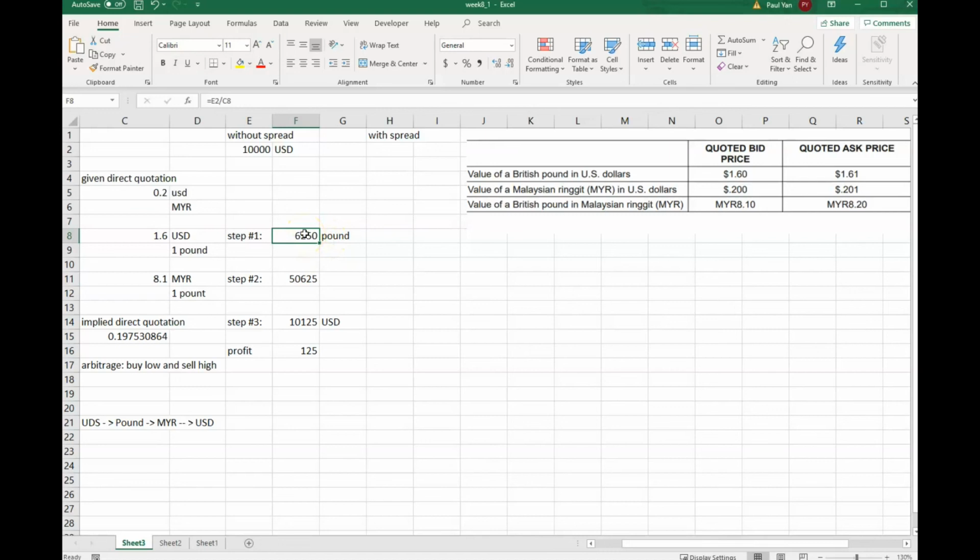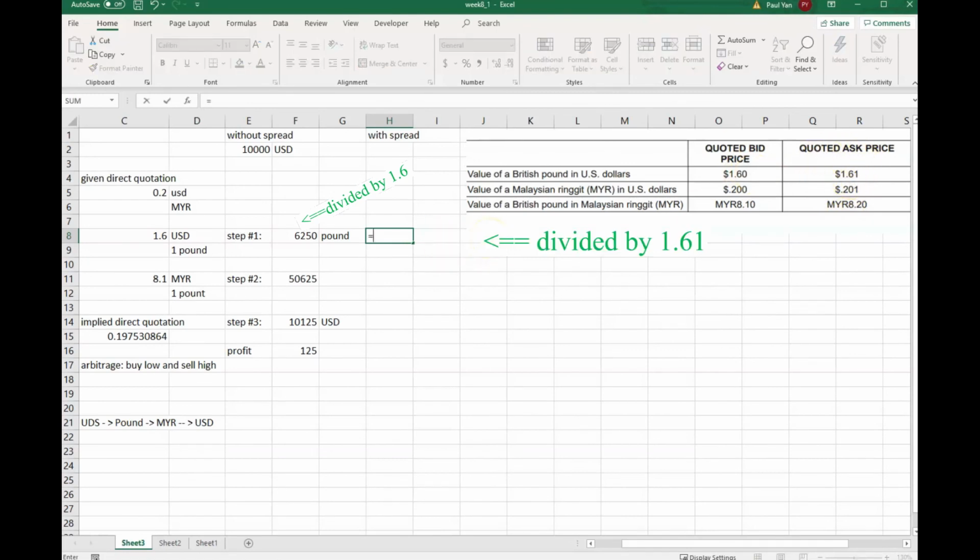When we calculate how many pounds we buy with 10,000, we divide by 1.6. When we consider the spread, we pay the higher price, so we have to divide by 1.61. So this is 10,000 divided by 1.61.